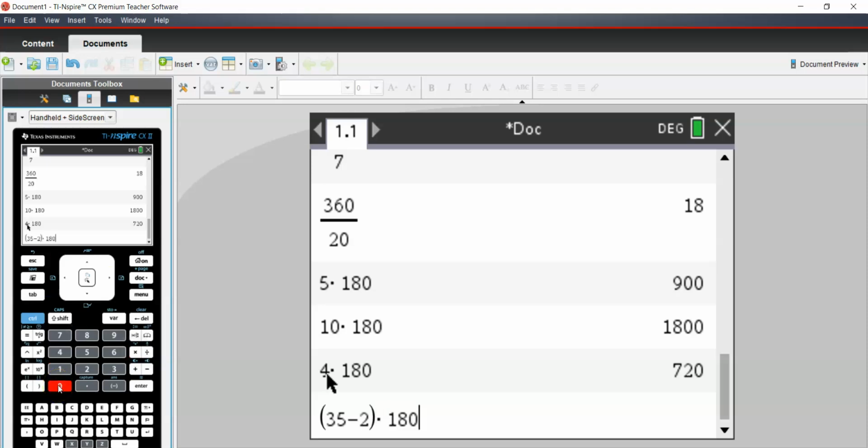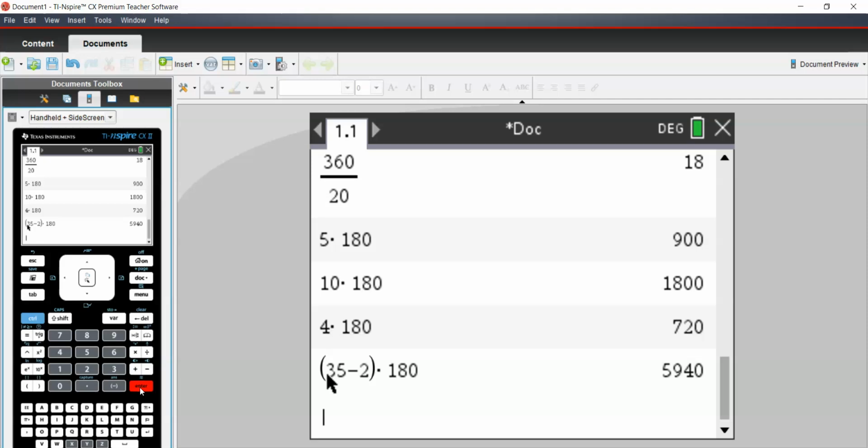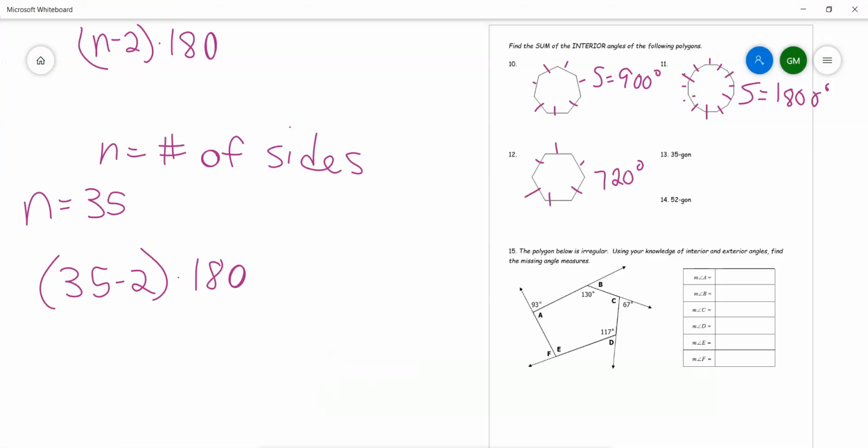If you write it first, you are far less likely to make typos. So I put 35 minus 2 times 180, and I get 5,940. So S equals 5,940. Remember, when you are doing this on Monday, you need to show all of your work or you won't get credit. All work or no credit.